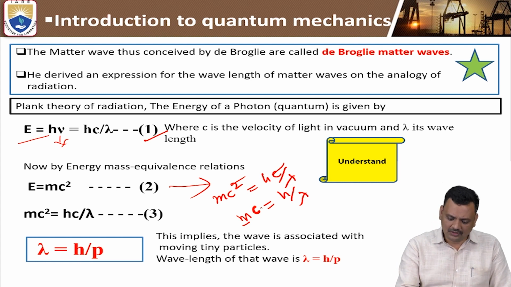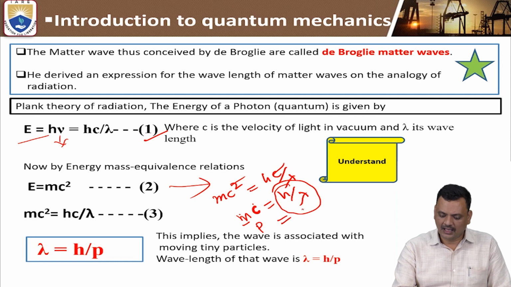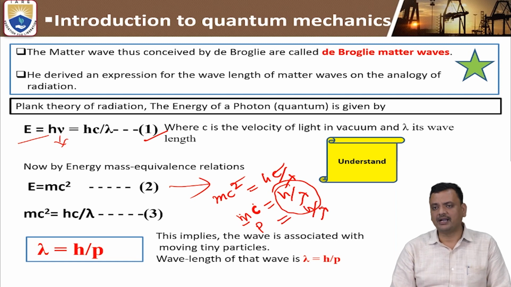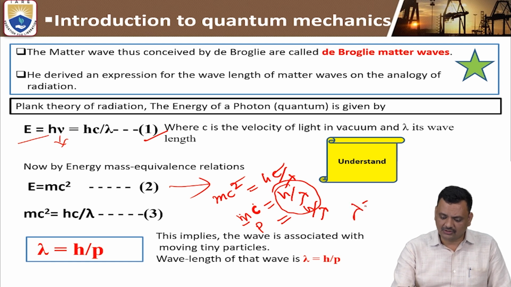Okay. So this is h by lambda. Velocity into mass is what? Momentum. So momentum is h by lambda. Then lambda is equal to h upon p.